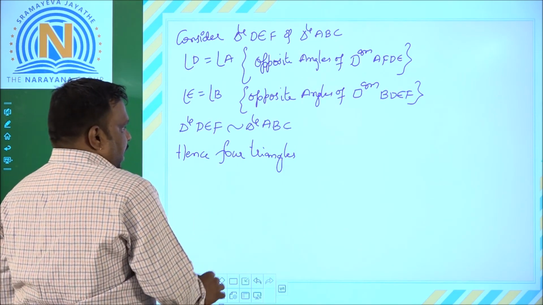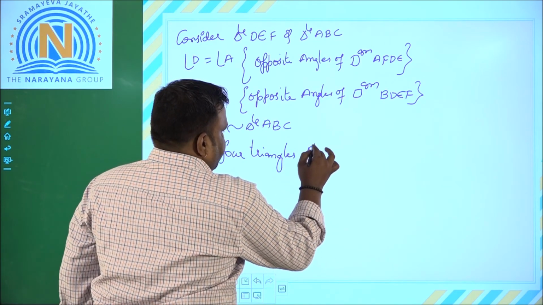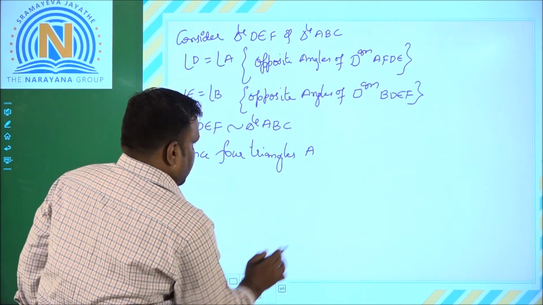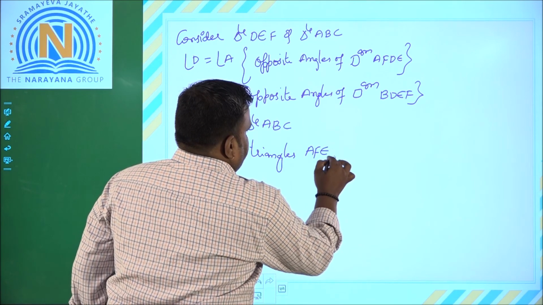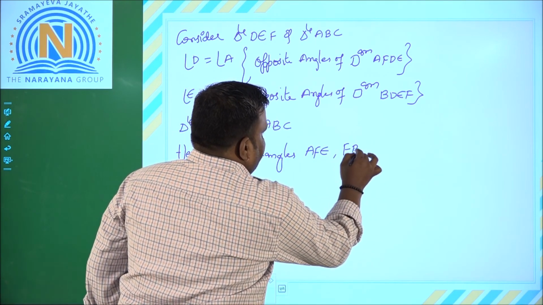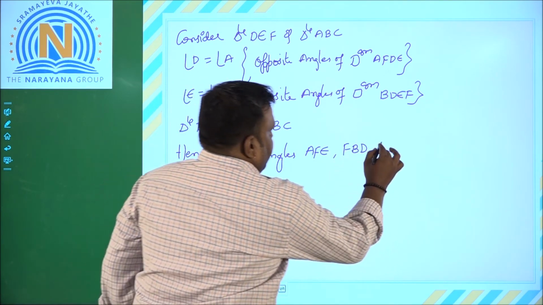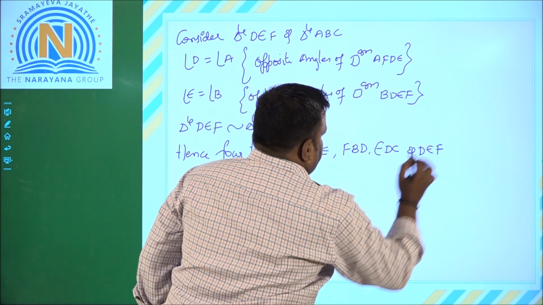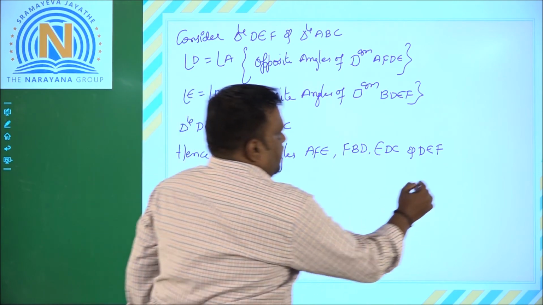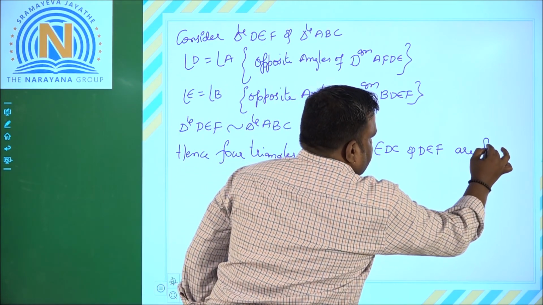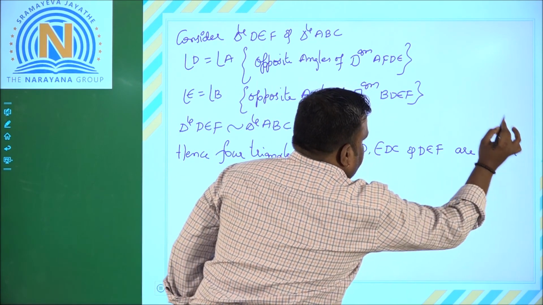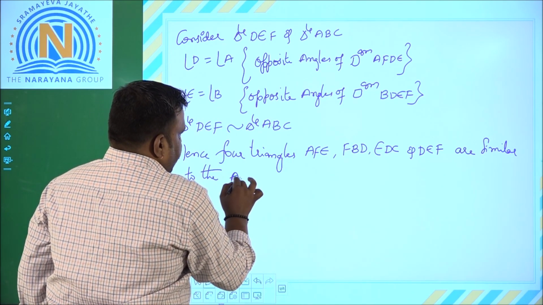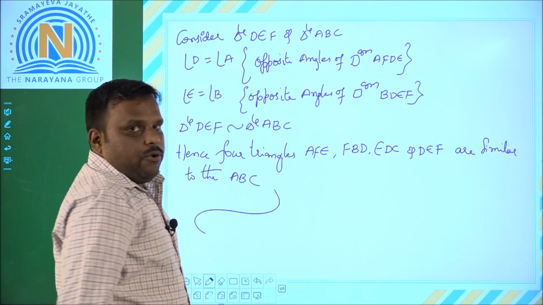AFE, FBD, EDC and DEF, are similar to the original triangle ABC. This is what you have to prove. Thank you.